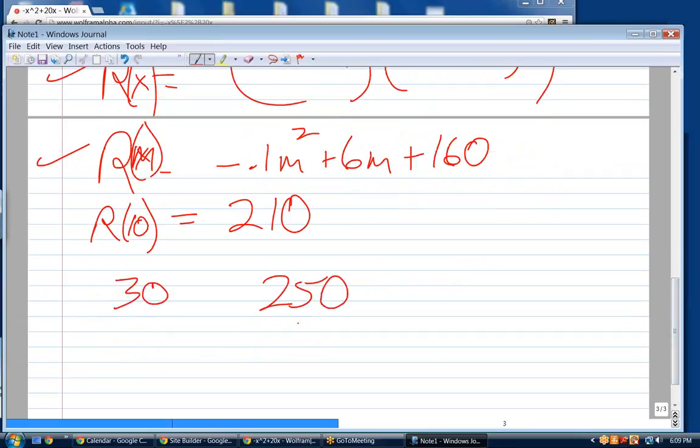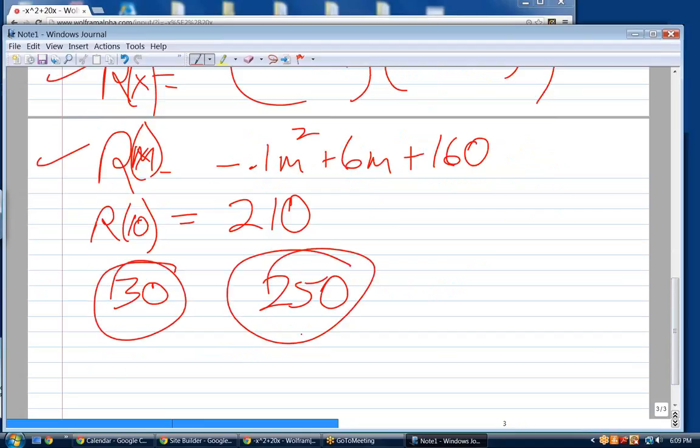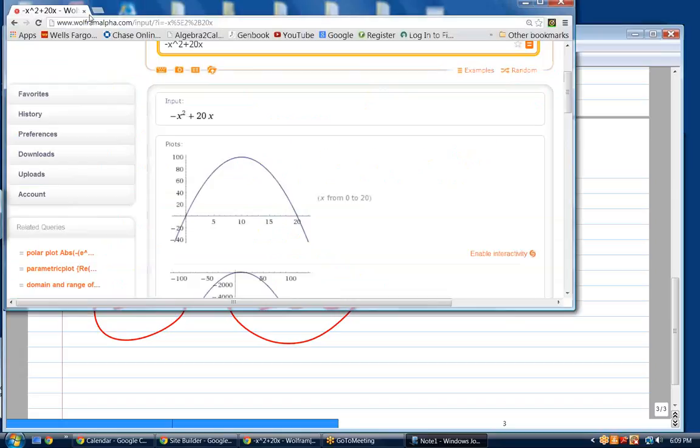Okay. So if we get 30 new members, we'll have a total of $250 revenue. Notice that if we got 31, we would reduce our revenue. If we take R of 31, that revenue goes down, as you can see on your chart. Let me plot that chart on Wolfram Alpha here.